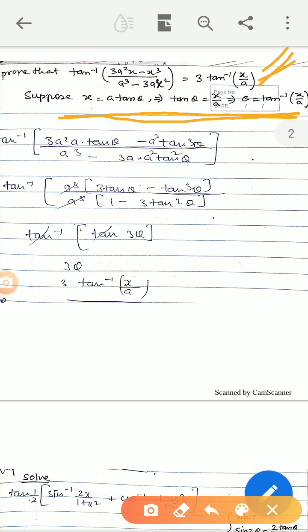When you put this value in the question, you get tan inverse 3a square, and in place of x you put a tan theta, in place of x cube you put a cube tan cube theta, and a cube as it is, and in place of x square you put a square tan square theta.